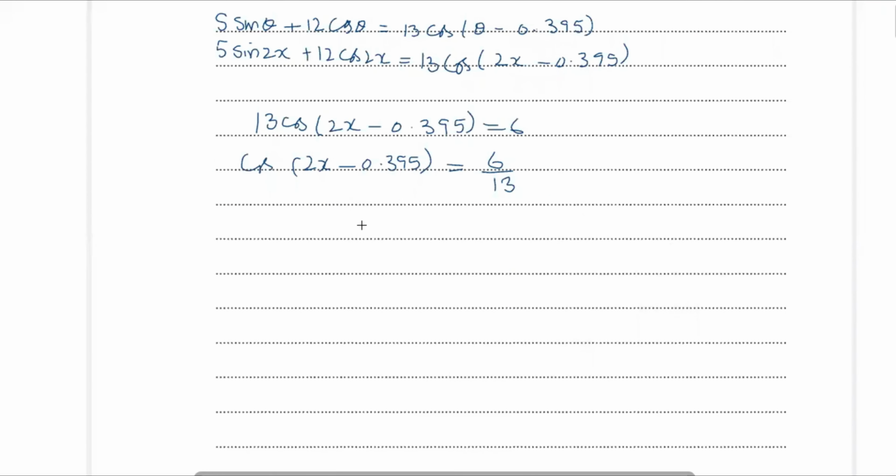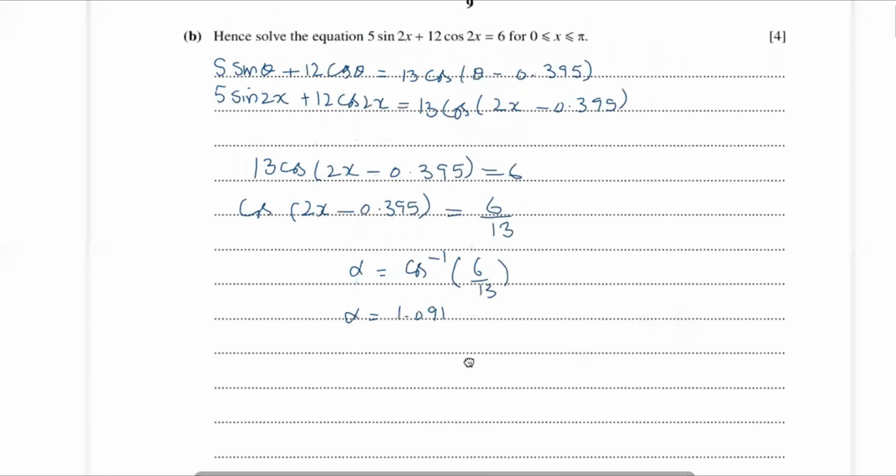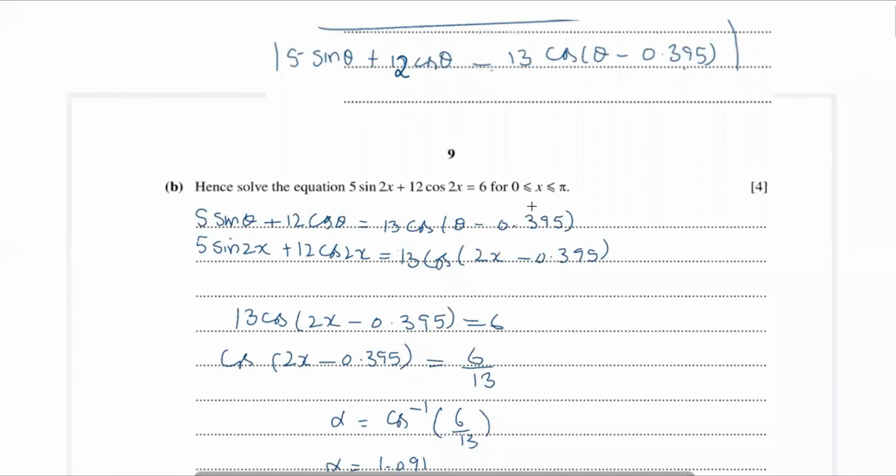Now in acute angle value, the alpha will be equal to cos inverse 6 over 13. Now the alpha will be equal to 1.091. That's the alpha value. Now you see here, the range of the angle x is 0 to pi.